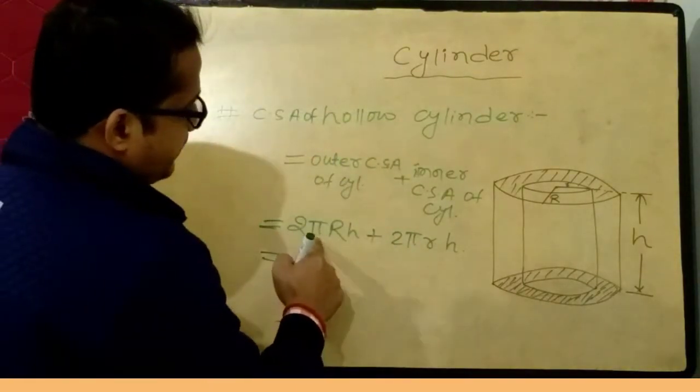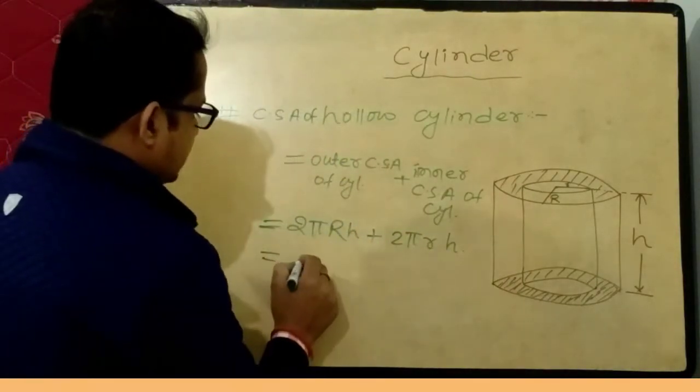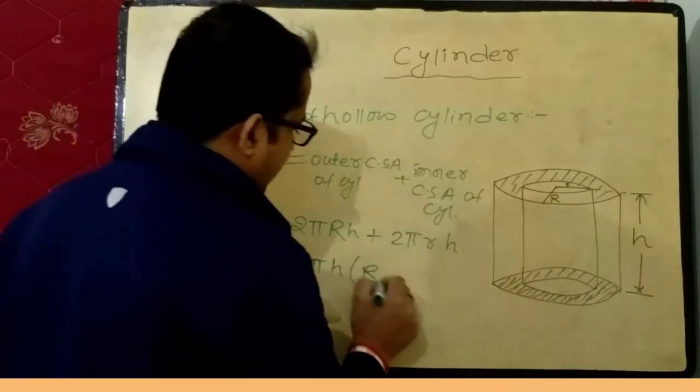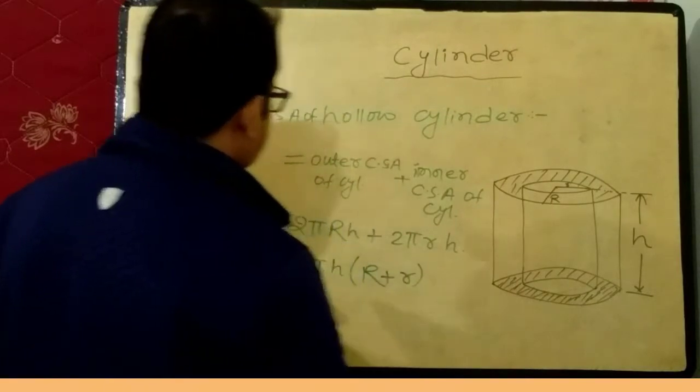Now 2 pi and h are common. Take 2 pi h as common. You will get capital R and small r.